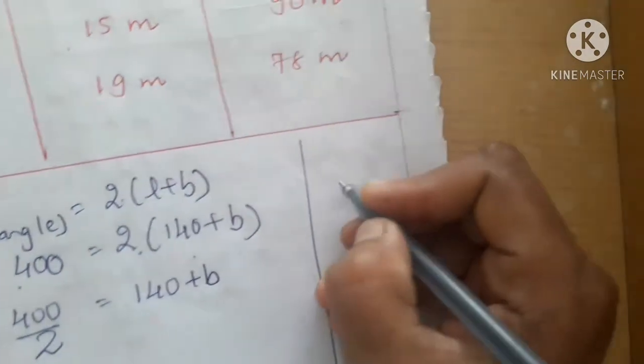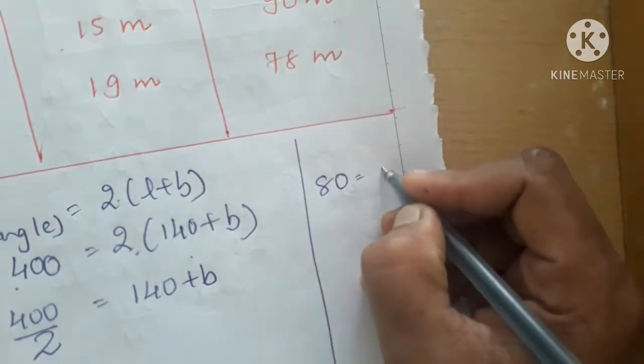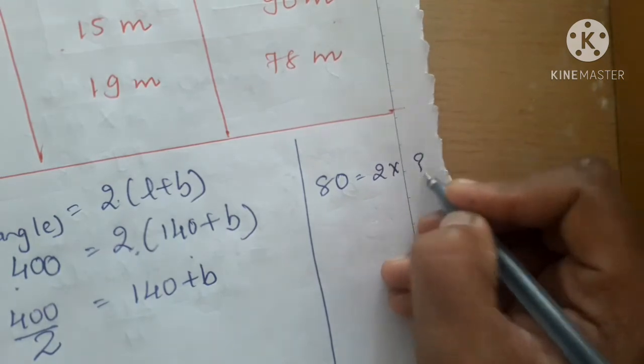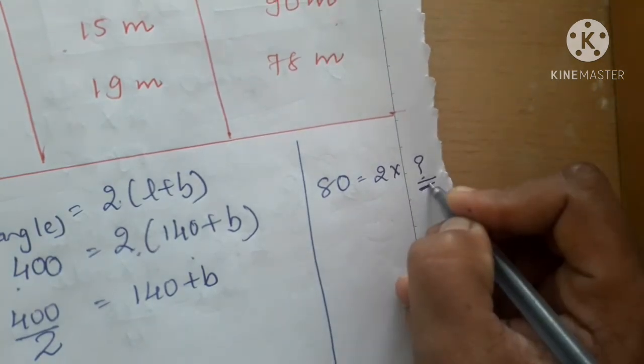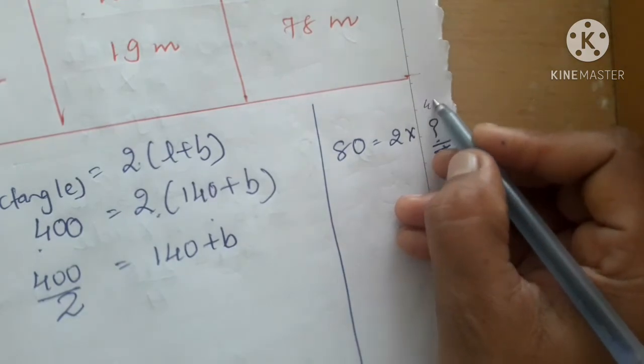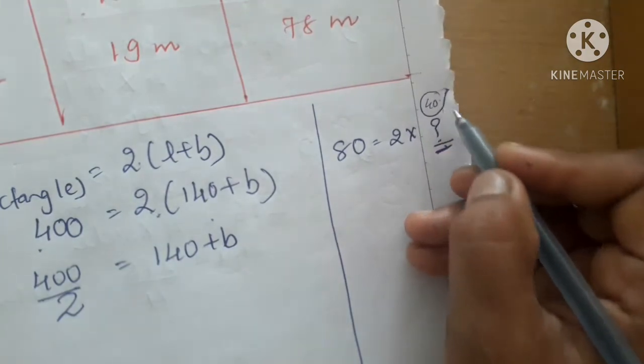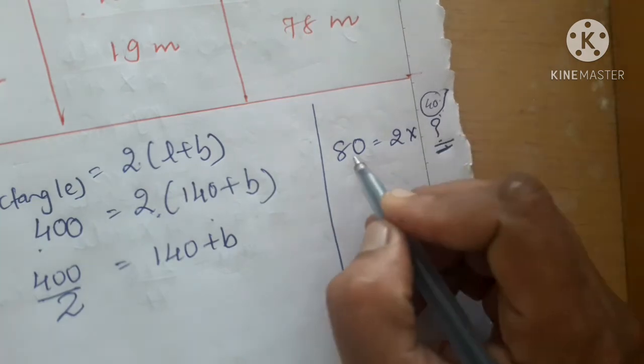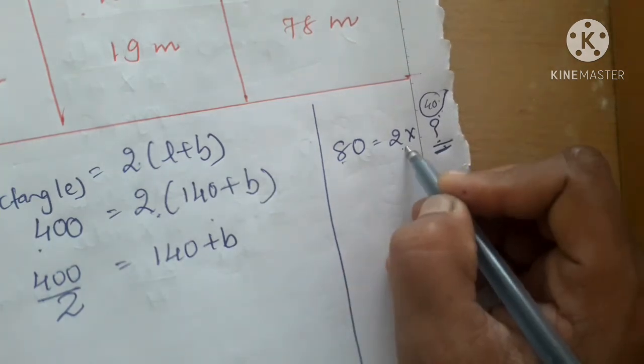Because when I say that 80 is equal to 2 into which term, that means what actually you are doing is, you know the answer, that is 40 is the answer. How did you get this 40? That is 80 divided by 2 you have done.